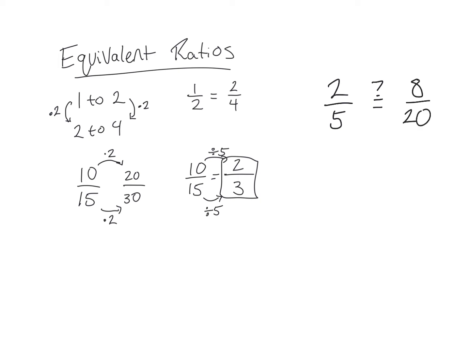Well, to figure this out, we can see, okay, what do we have to multiply 2 times to get 8? Well, we have to multiply it times 4. And so I check and see, if I multiply 5 times 4, do I get 20? Yes, so those are equivalent ratios.